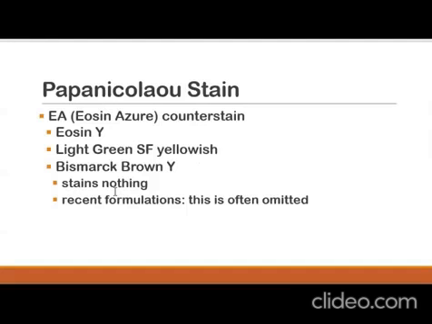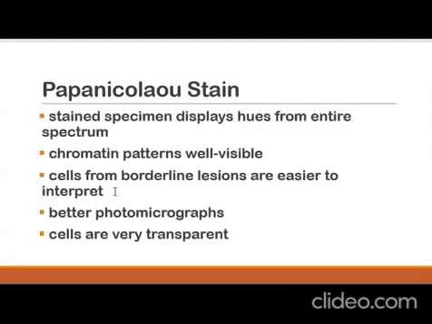So why would you place this dye if it does not stain anything? That is why in the recent formulations of our Pap stain set, they remove Bismarck brown Y as an ingredient.